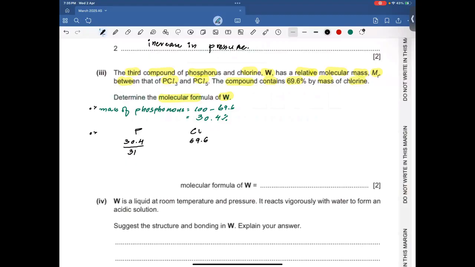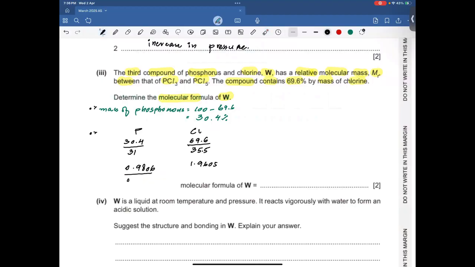So I'll get the moles, and the moles is 0.9806. Divide 69.6 by 35.5. So I'll get the moles of chlorine, which is 1.9605.